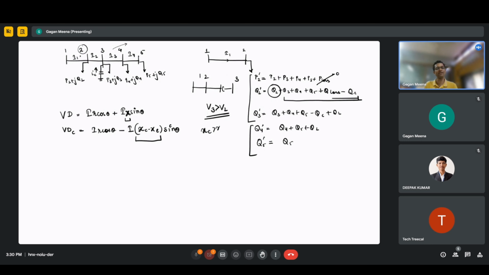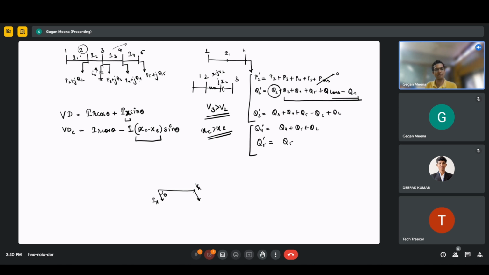If XC is greater than XL, this is XC and there is XL also. This is R plus jXL, R minus jXL plus XC. So if XC is greater than XL, then there will be voltage increase. Because we see, suppose if we draw the phasor diagram, this is VR, and if we have a lagging load, this is R into IR, this is IR.